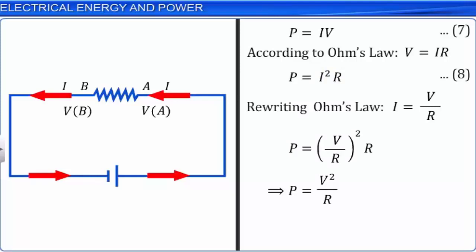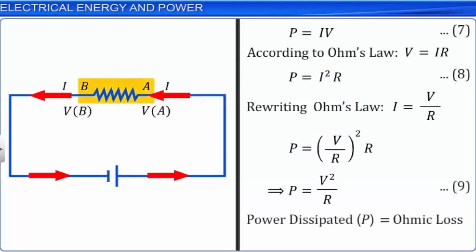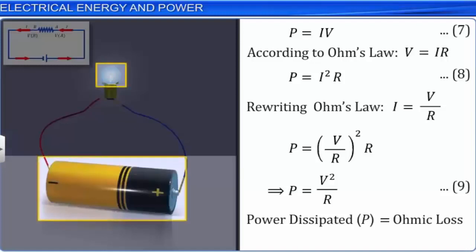P, which represents the power dissipated or lost, is also called ohmic loss in a conductor of resistance R carrying a current I. This dissipated power P is utilized to heat the filament of an electric bulb to incandescence and radiate heat and light energy. Power is supplied to this resistor by an external source such as an electric cell.